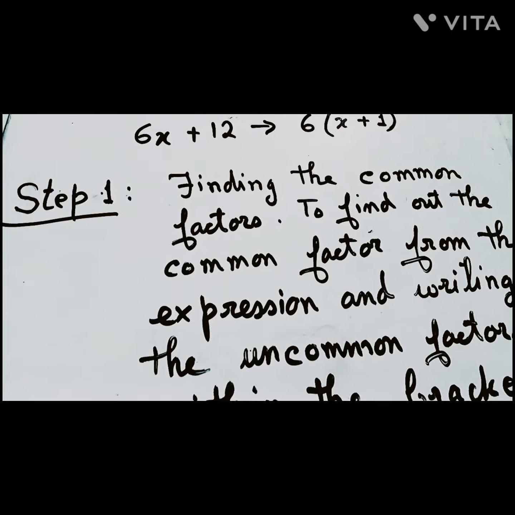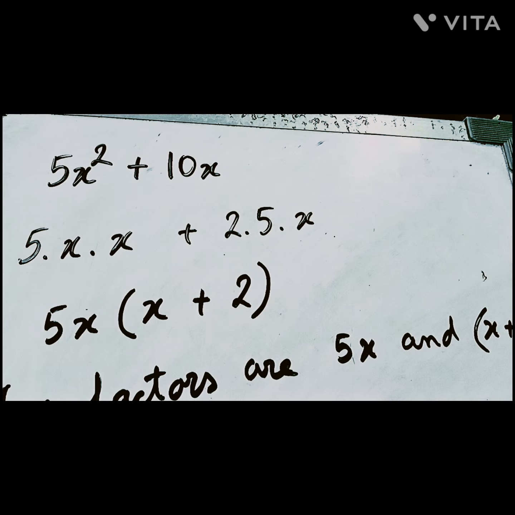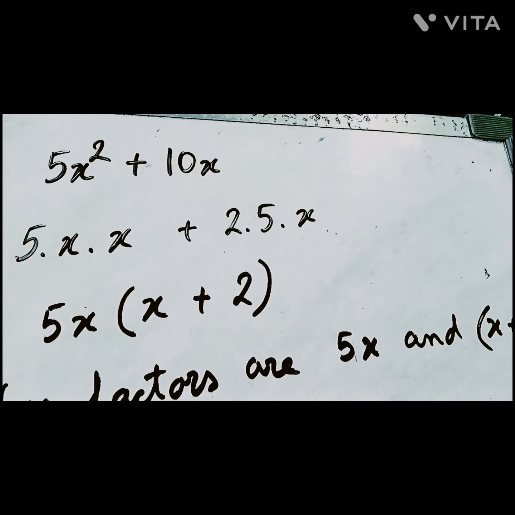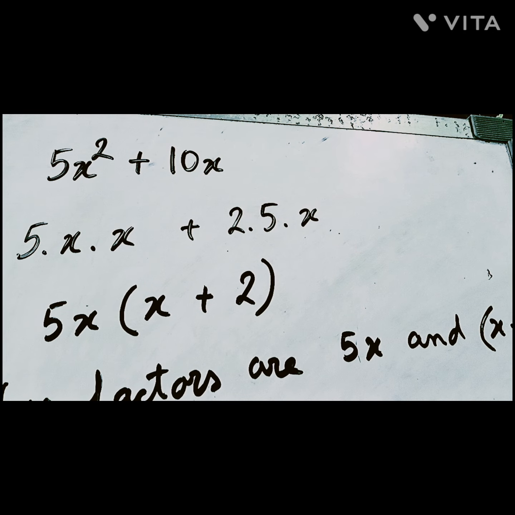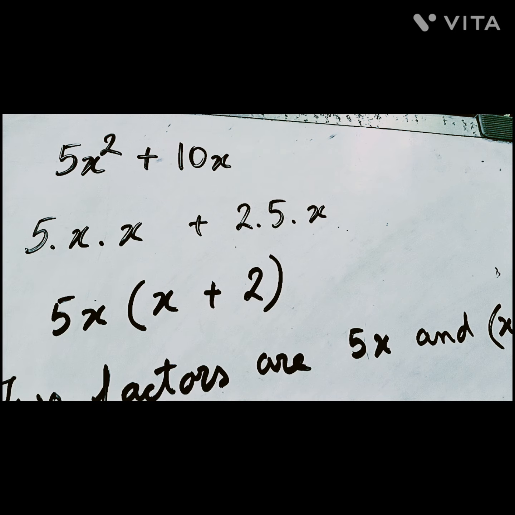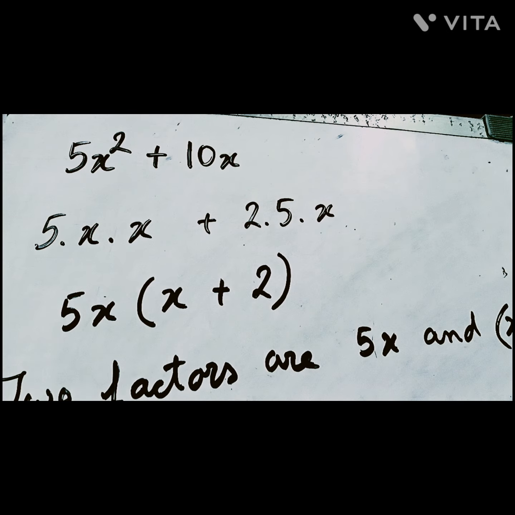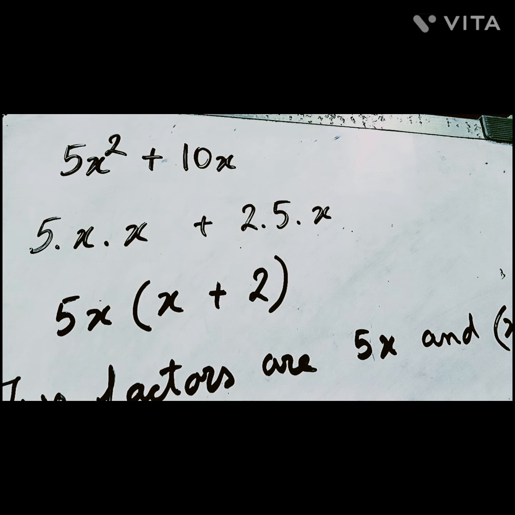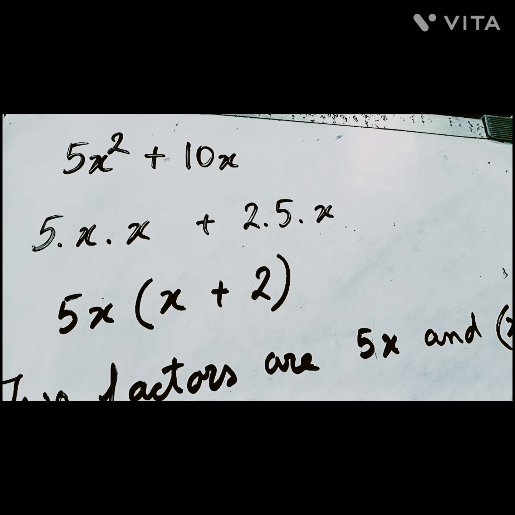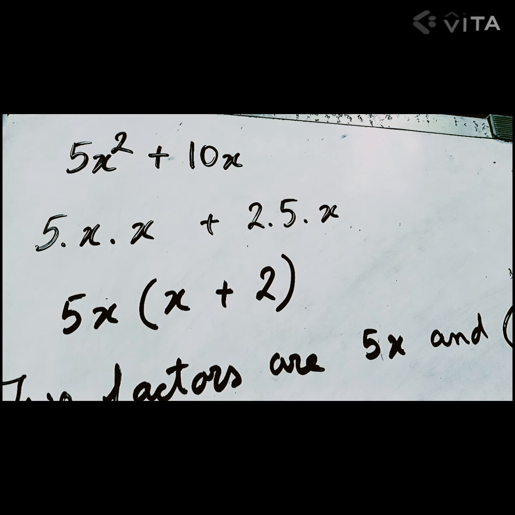Let me explain with the help of an example. Example number 1 is 5x square plus 10x. So 5x square can be written as 5 into x into x, and 10x is 2 into 5 into x. You can see the common factors in both the terms are 5 and x.